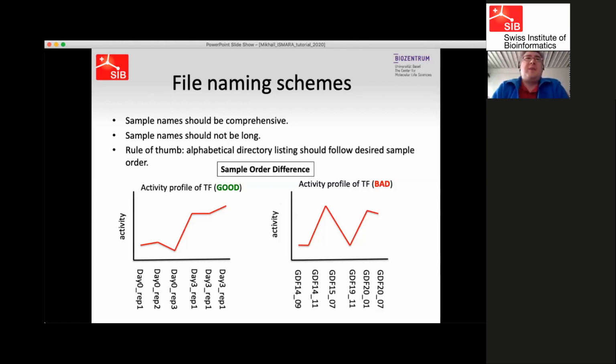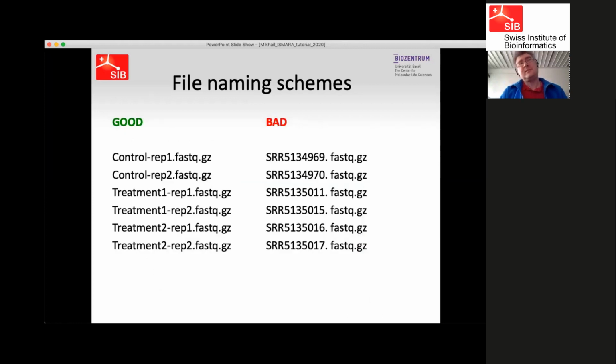The basic rule is to name files in such a way that if you list the directory, the samples are ordered the way you would like to see them in the results. Here again is an example of good and bad naming. On the left, we see the good example.